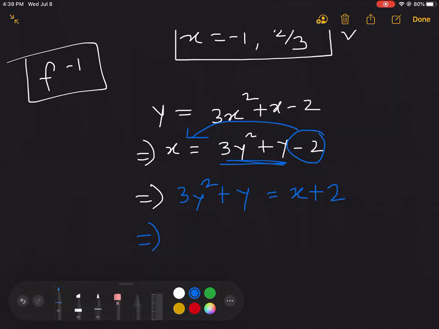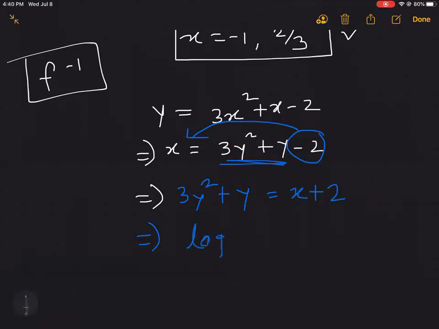So taking log won't really help, because if we take log on both sides, 3y squared plus y, log of x plus 2, doesn't really help us to solve it for y.